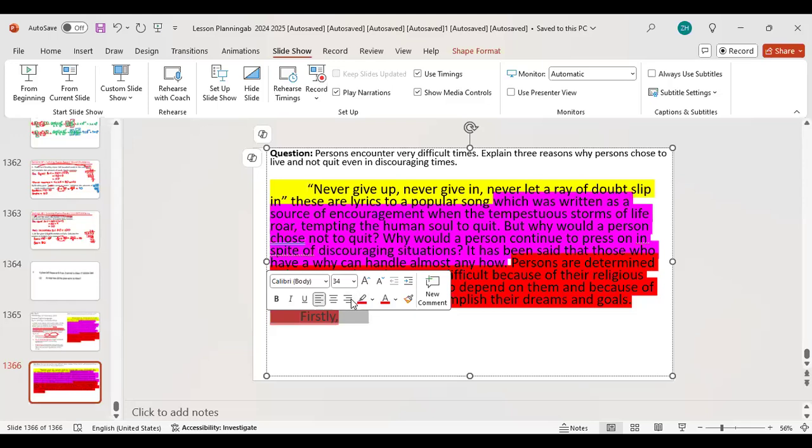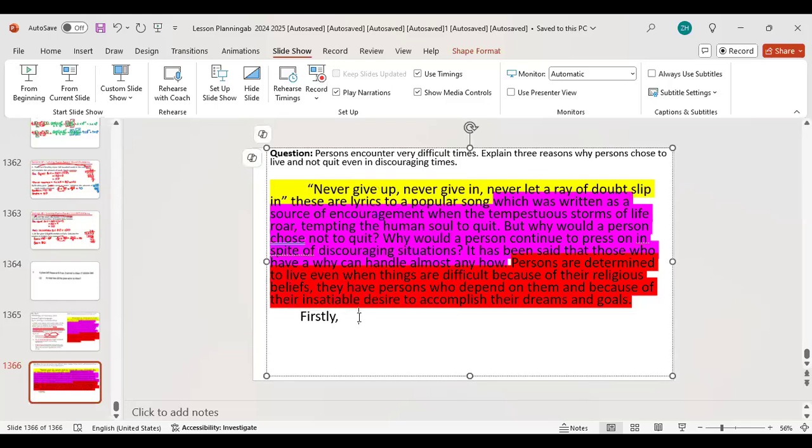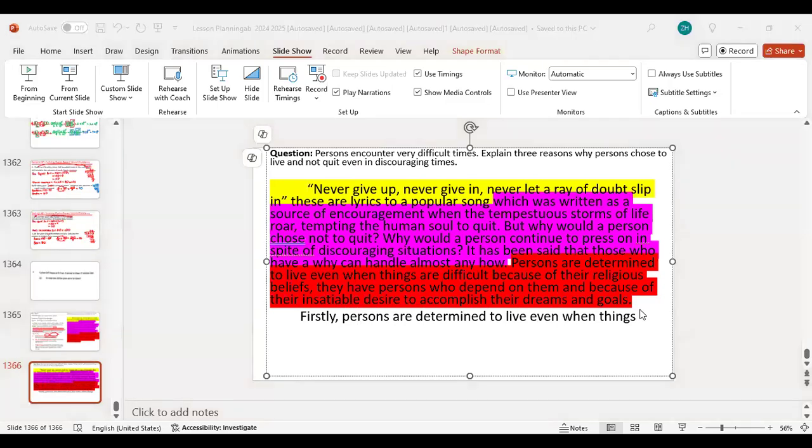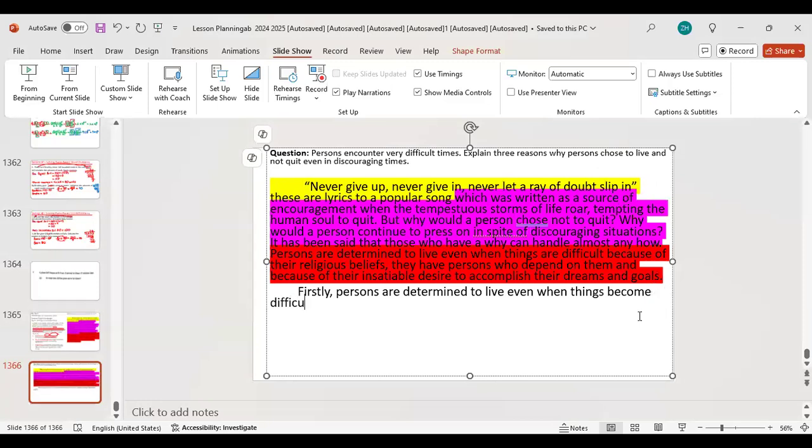Firstly, persons are determined to live even when things or situations become difficult because they are guided by their religious convictions.